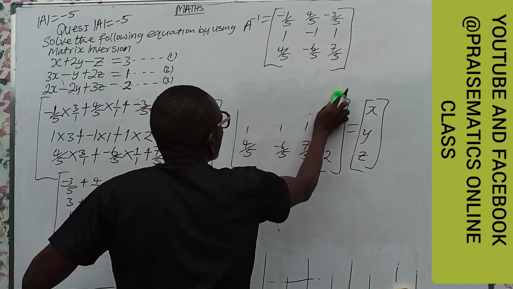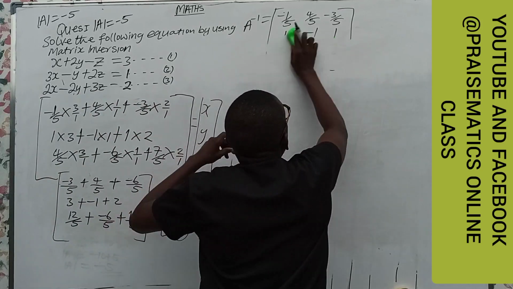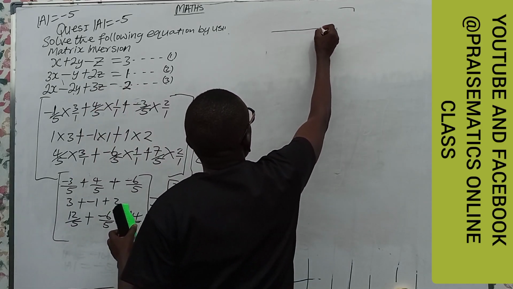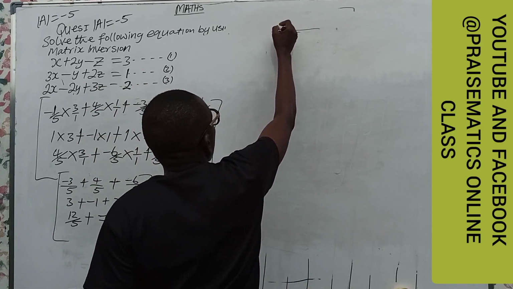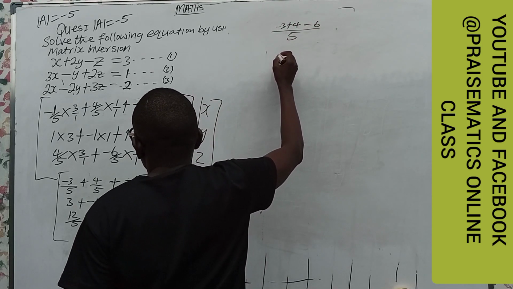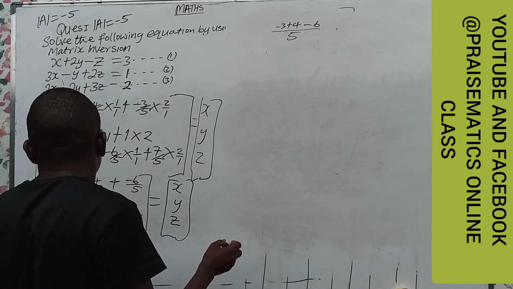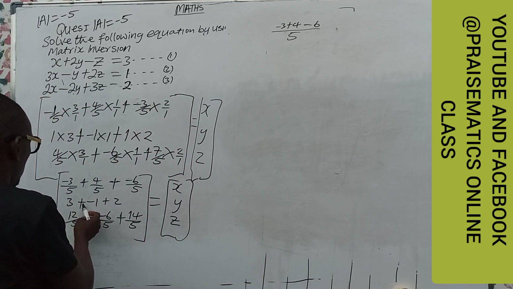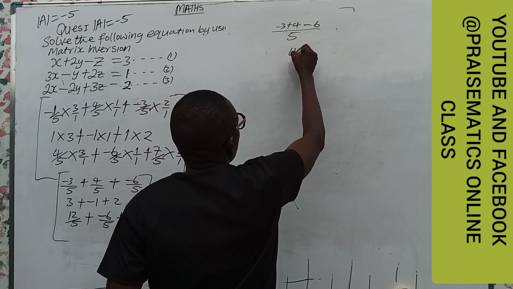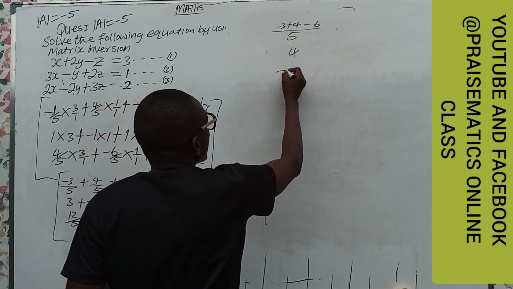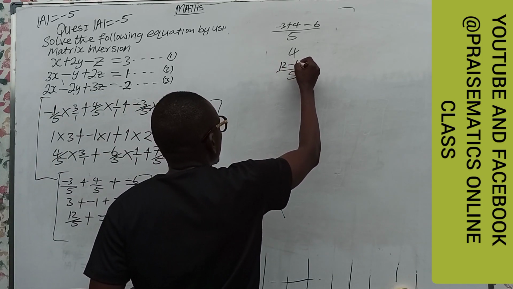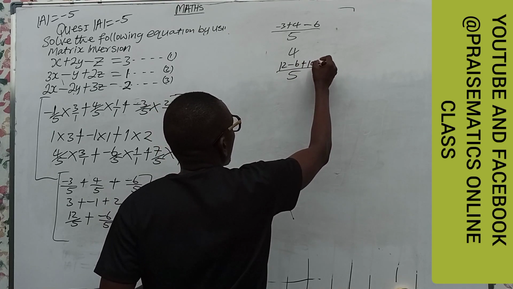In solving this, the LCM of all these is 5, so we have minus 3 plus 4 minus 6. Here, 3 minus 1 gives us 2, and 2 plus 2 is 4. Then over 5 we have 12 minus 6 plus 14.